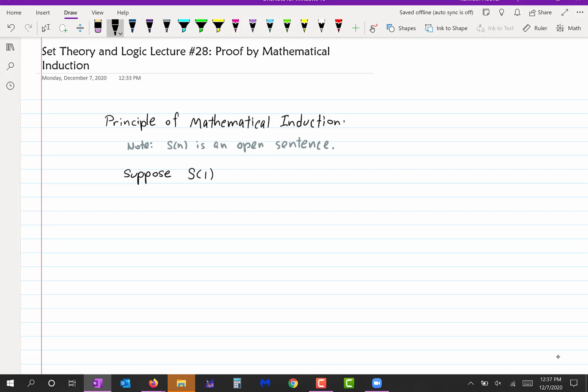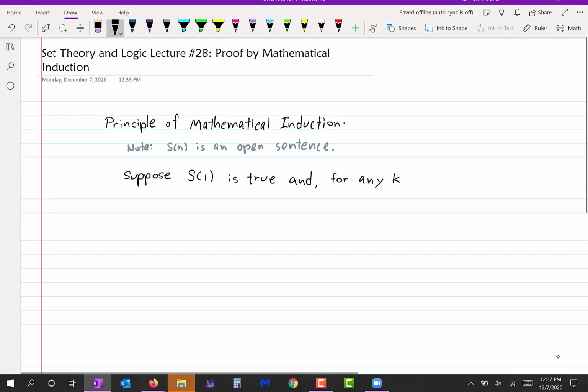Okay, now suppose S of 1 is true and, for any integer. Oh, actually, sorry, I've been saying integer, and I should have been saying natural number.